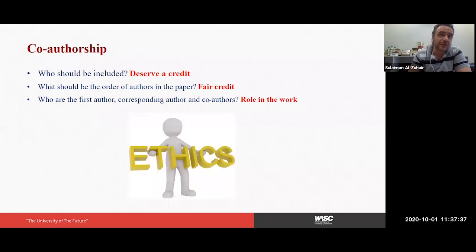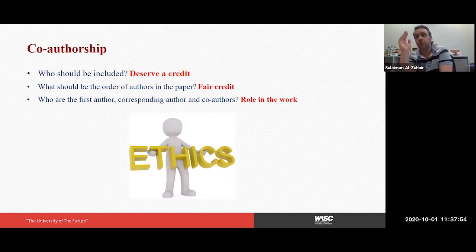So I do not include anyone unless their work justifies their inclusion in the paper. It's not because they are my friend, it's not because I want them later on to put my name on their paper. All these reasons should be avoided. You should include only the people who really contributed to the work.